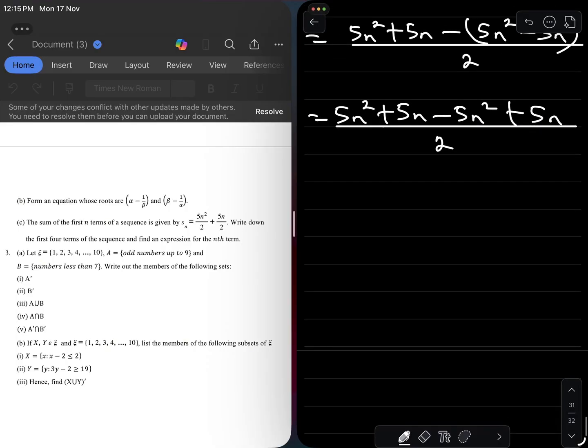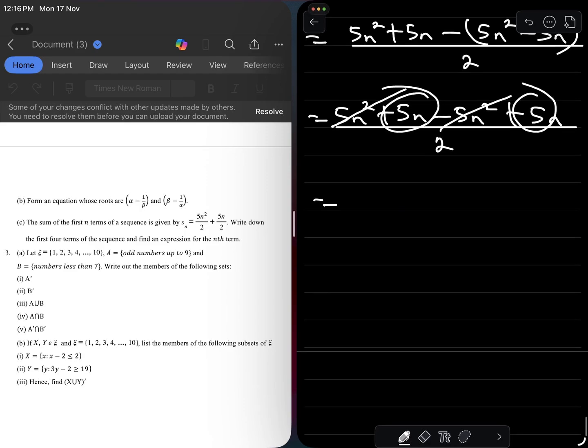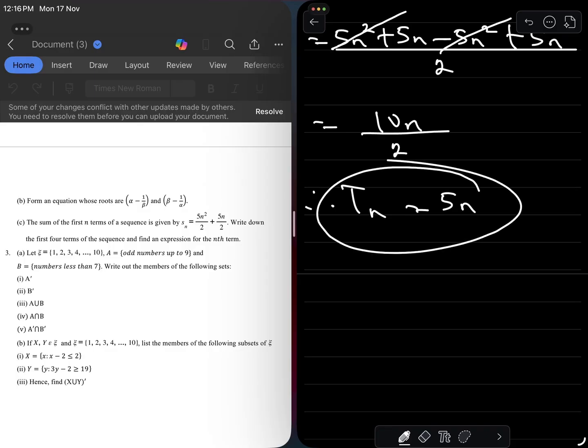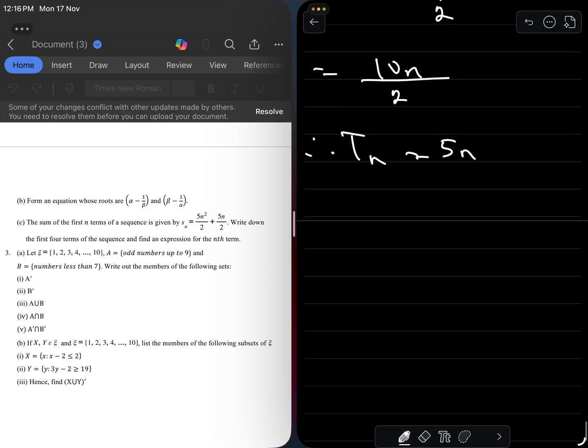And now what do we have? 5n squared minus 5n squared is 0, and that will be equal to 5n plus 5n, that's 10n over 2, and that therefore means that Tn is equal to 5n, and this is the expression for the nth term of the sequence.